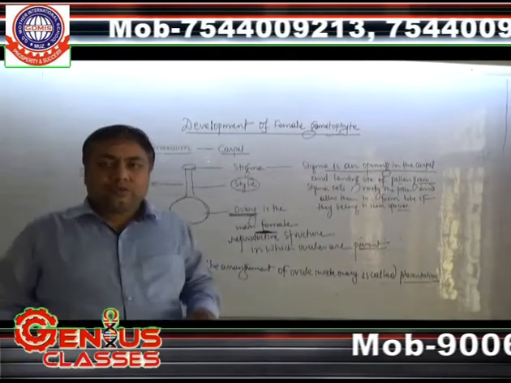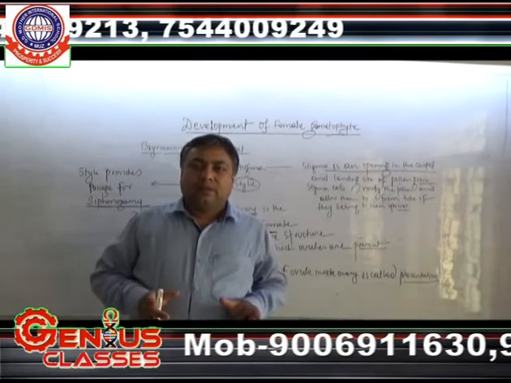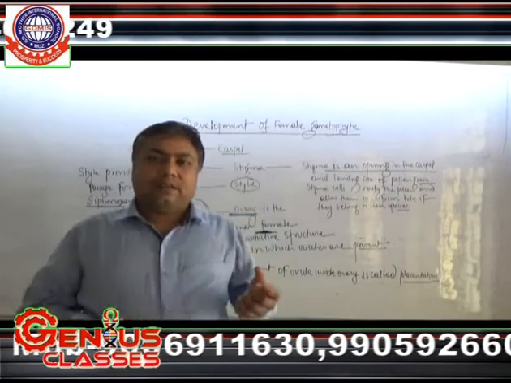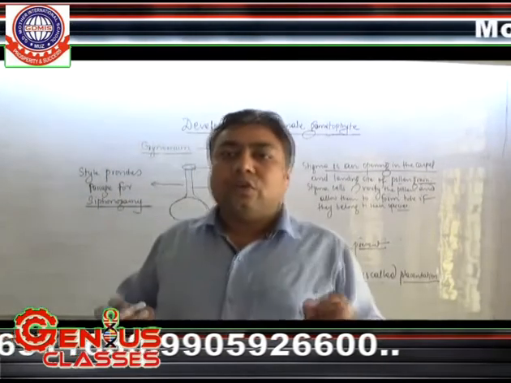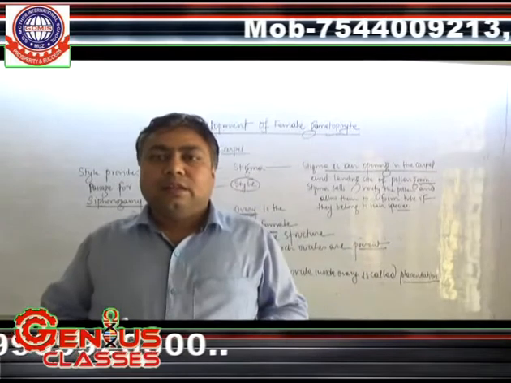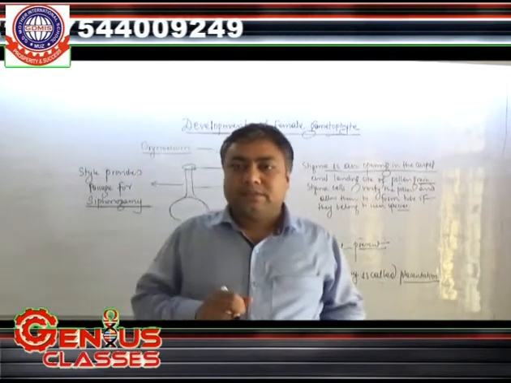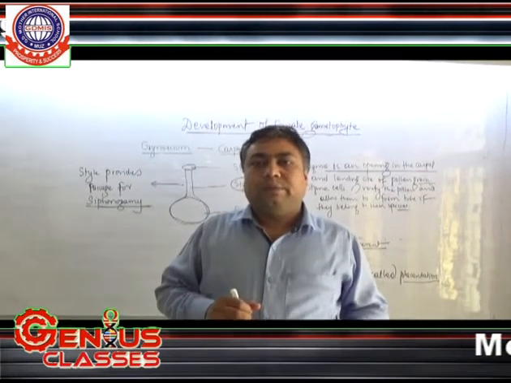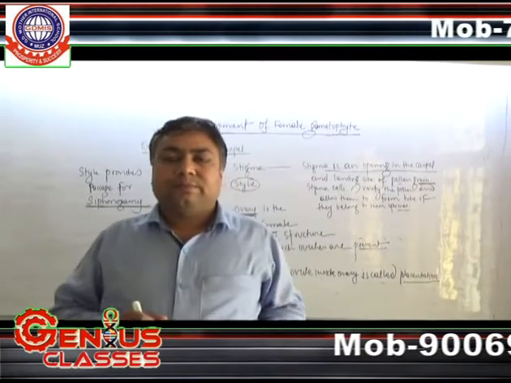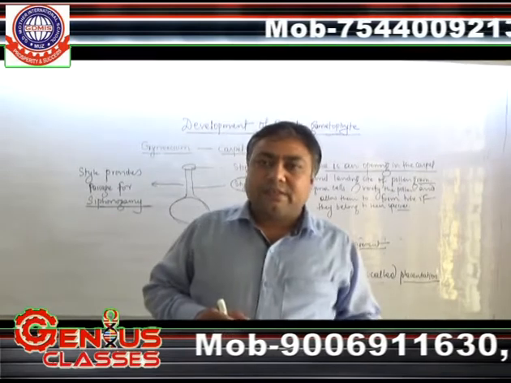The ovules may be axially arranged, which is called axial placentation. They may be arranged towards the periphery, which is called parietal placentation. They may be free centrally placed, or basally placed.